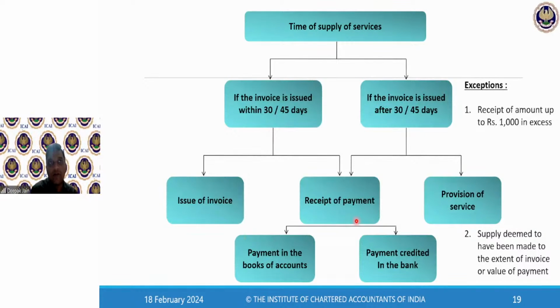Since I've received the payment earliest, I don't have to pay GST on the whole 10,000 rupees, because the supply is deemed to the extent of value of amount received. So to the extent of 2,000 only I have to pay GST, not on the whole 10,000 at the time of receipt of advance. On the date of invoice, I have to pay GST to the extent of balance.